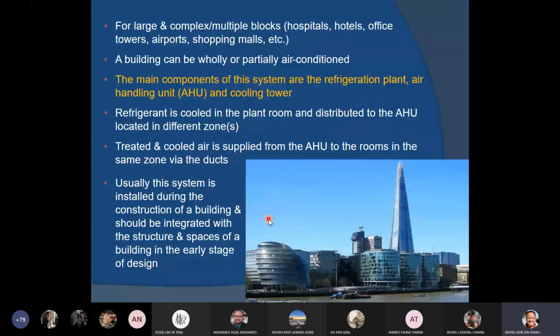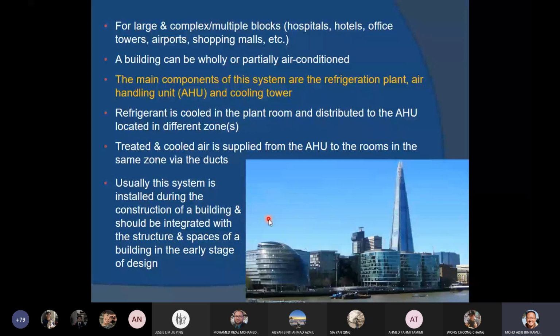Right. A building can be wholly or partially air conditioned. So when you opt for this plant system, it doesn't mean that you need to air condition every space in the building. So again, you choose which rooms require the air conditioning system.